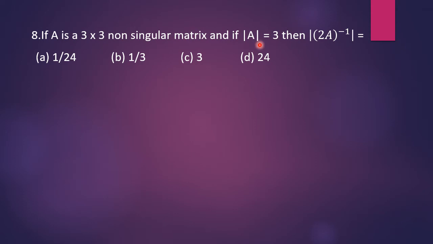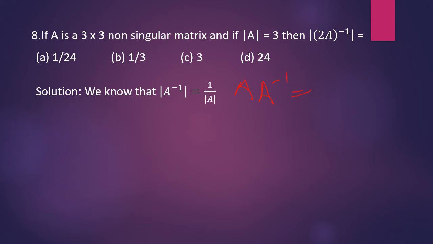And we have one more result. Determinant of A inverse is equal to 1 by determinant A, because we know that A into A inverse is equal to the identity matrix here.